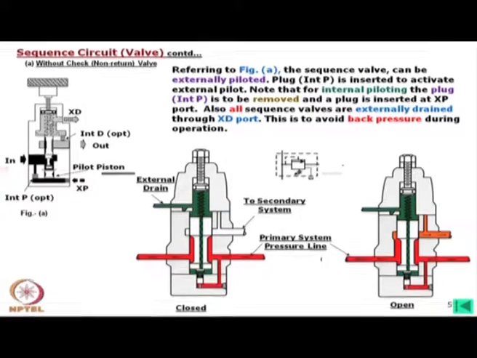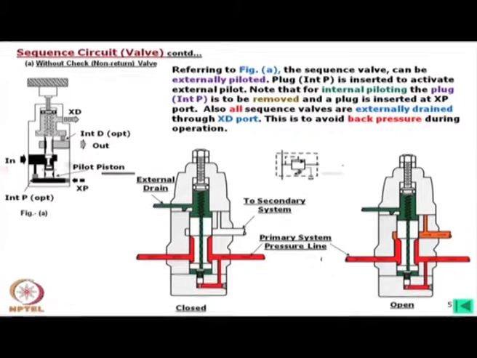Now, there is an external drain also. This oil will always go through the external drain passage. In some cases this external drain is not preferred, and in that case we put in the internal leakage path. Then oil will go through this.